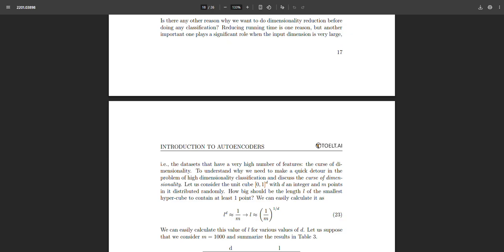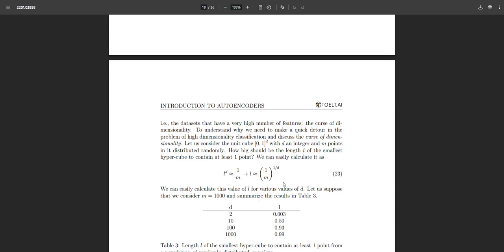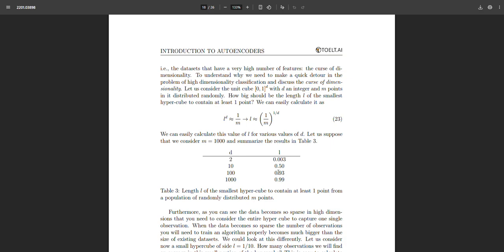We want to know how big the side length L of the smallest hypercube must be to contain at least one of these m points. The formula for the side length is given here. We'll use an example where m equals 1000 randomly spread out points. If the dimension d equals 2, meaning basically a square, the required side length L is only 0.003.